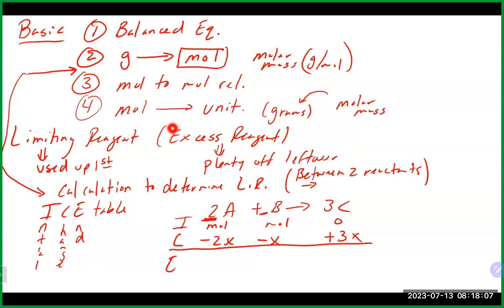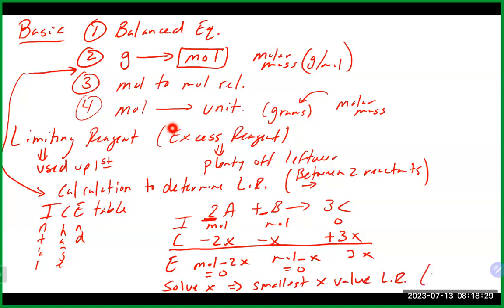You bring everybody down here, and you set your reactants equal to 0 and solve for x. When you solve for x, the smallest x value is your limiting reagent. That would also be the moles of your limiting reagent, the moles of the change that's going to occur.